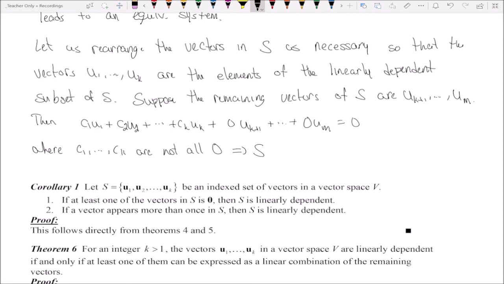Now this of course implies that S is linearly dependent.